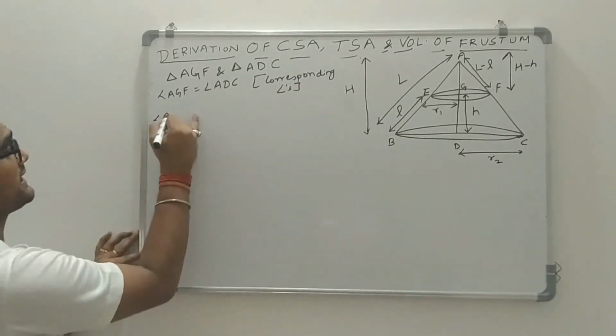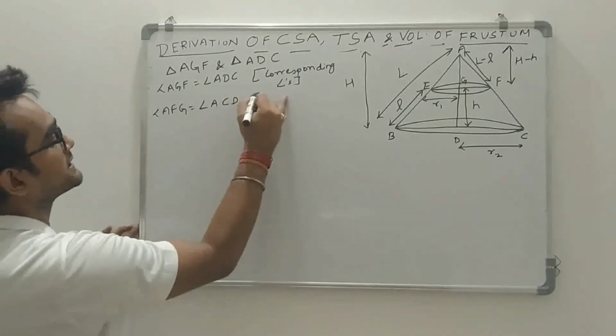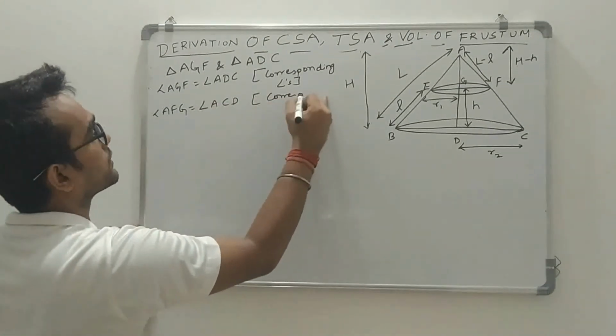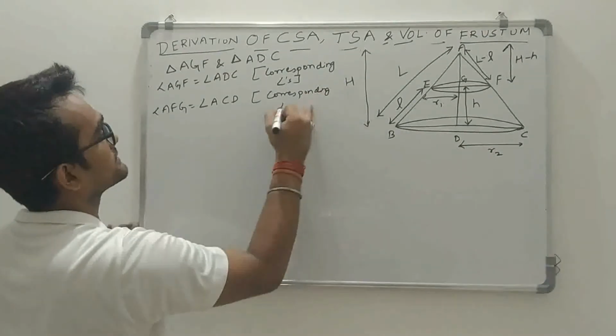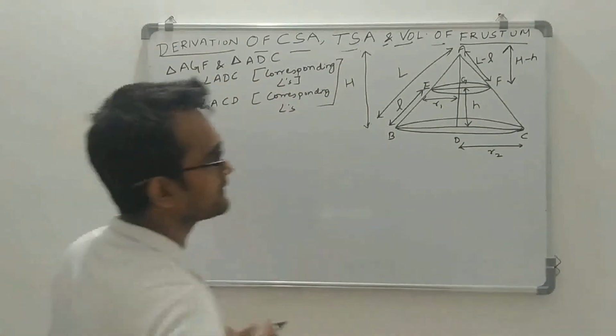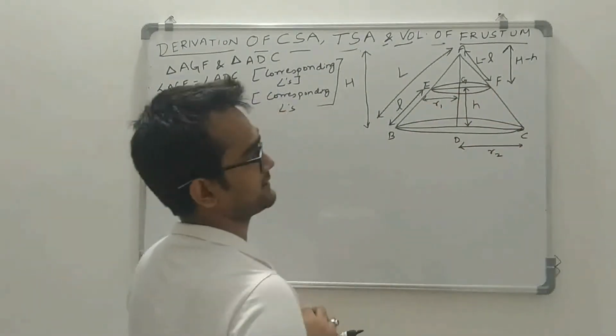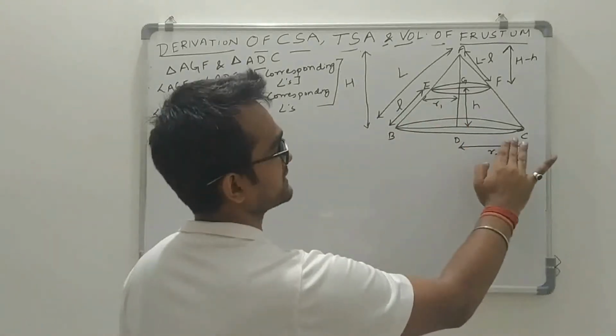Similarly, angle AFG will be equal to angle ACD because they are corresponding angles. Why are they corresponding angles? As you know from earlier, EF is parallel to BC.